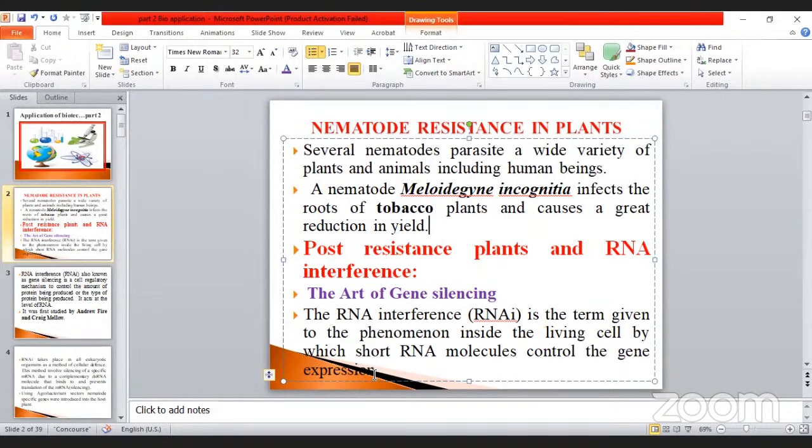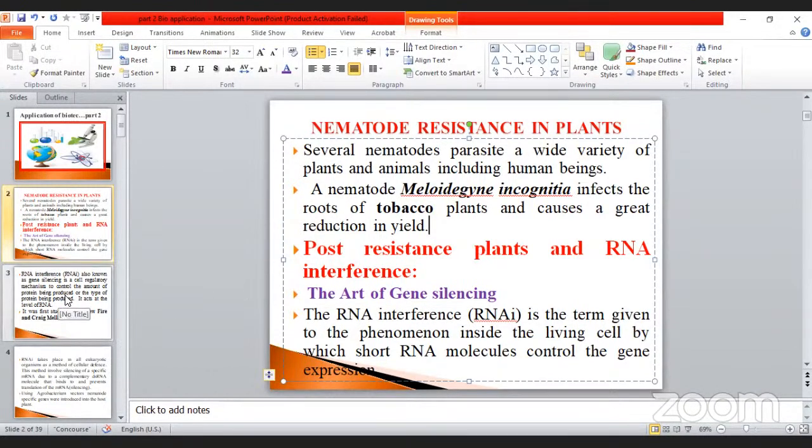The RNA interference gene will suppress gene expression. It will not allow the gene to express itself. Such a gene is called RNAi, otherwise called RNA interference. Interference means prevention. That is very, very important.